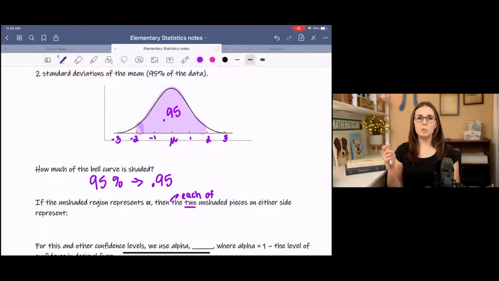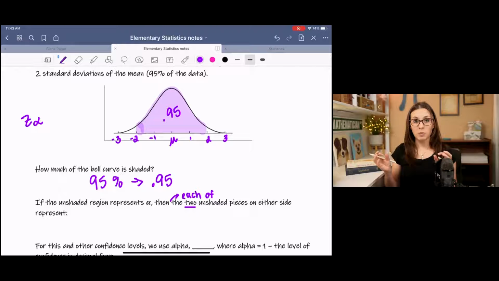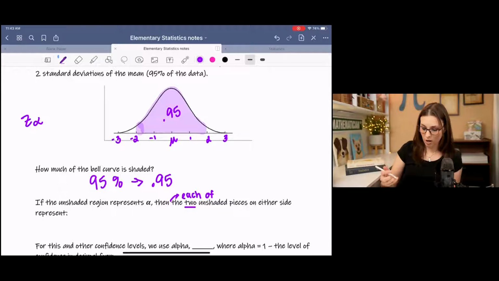And if I were to split alpha up into 2 tails, because if you remember from one of my previous videos, we had Z sub alpha, and that alpha represented a right tail. But in this case, we don't just have a right tail, we have 2 tails. So that means I'm going to be splitting alpha up into 2 pieces. Now, if we just think about 95%, how much is left over that's not shaded? 5% is not shaded.